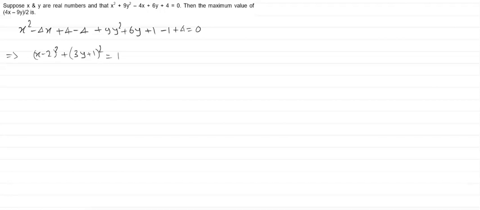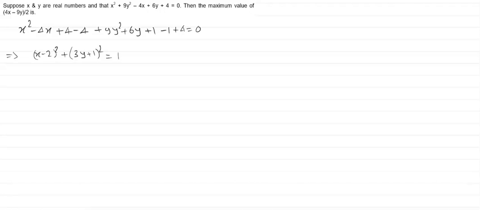We have x square minus 4x, and we add 4 here and subtract 4 also to balance it out, plus 9y square plus 6y, and to make the perfect square in y we need to add 1 here and subtract 1, plus 4 is equal to 0. So this becomes (x minus 2) square plus (3y plus 1) square equal to 1, right?